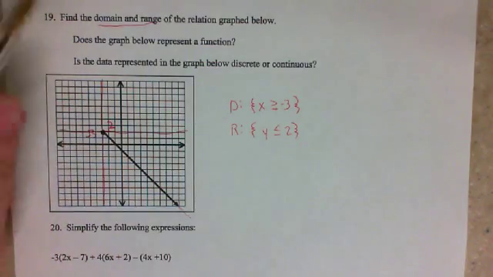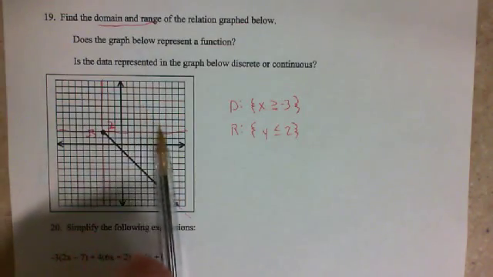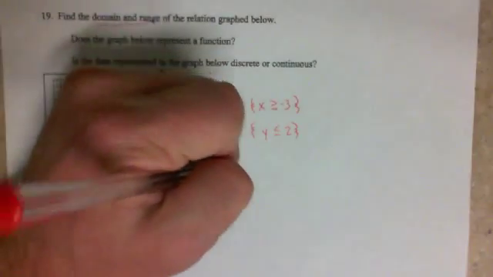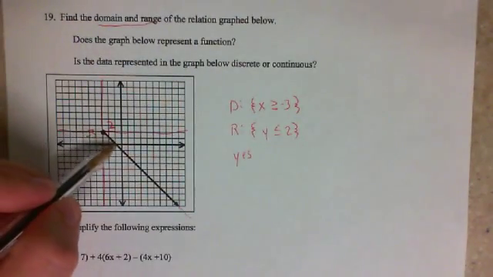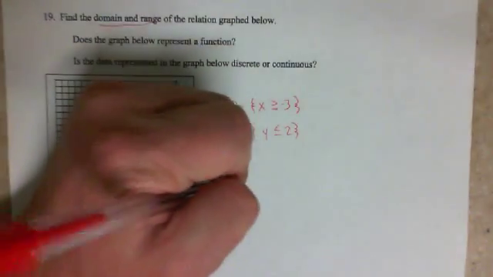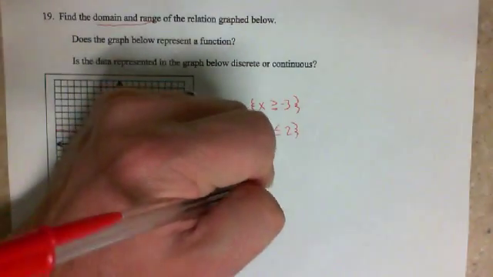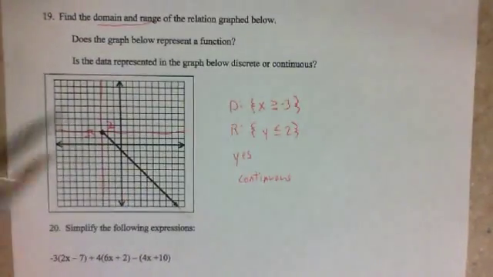Alright, now, is it a function? Sure. It passes the vertical line test, right? Didn't break any rules, so yes. And discrete or continuous? Once again, no individual broken up points. Everything's nice solid line, so that is continuous. Arrowhead doesn't matter. Just looking at the line itself.